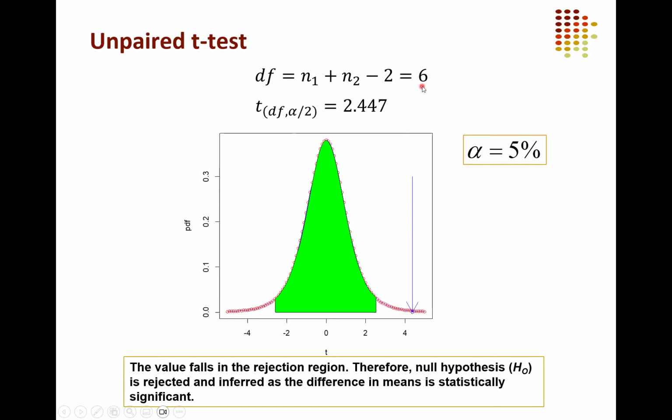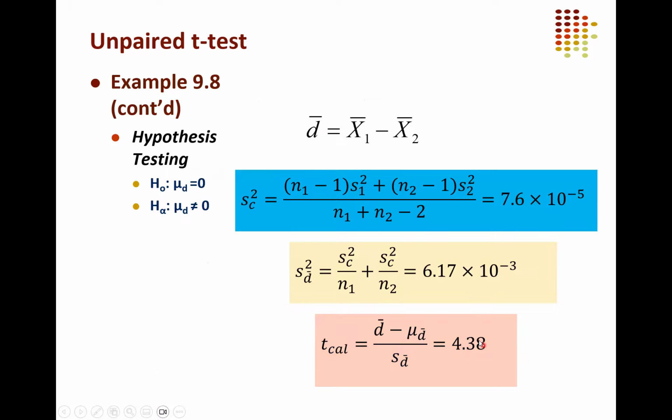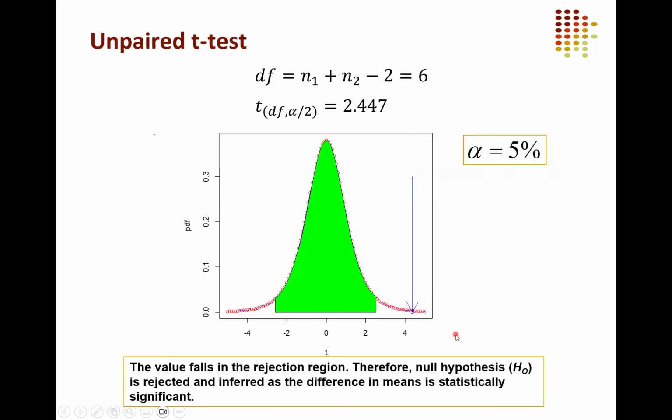At 6 degrees of freedom and 5% level of significance considered on both sides, we can see that the observed value 4.38 falls much beyond the confidence interval limits of 2.447 and minus 2.447.